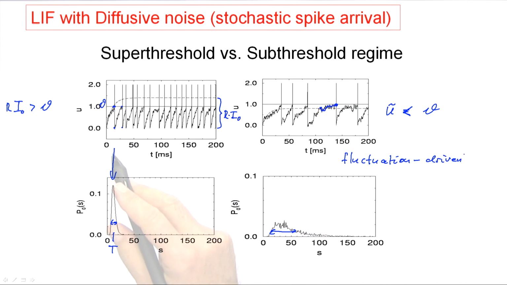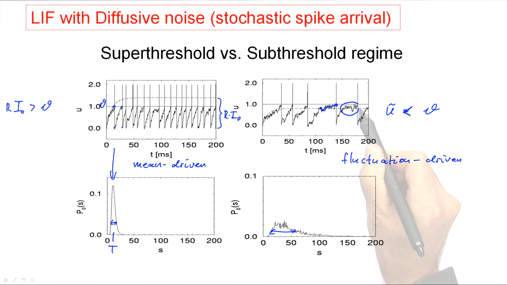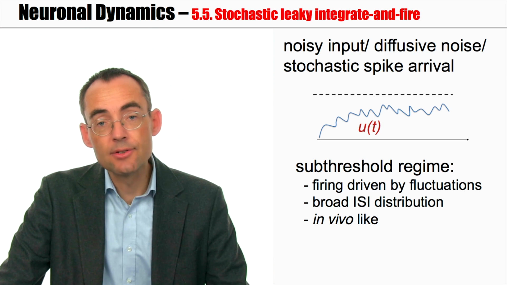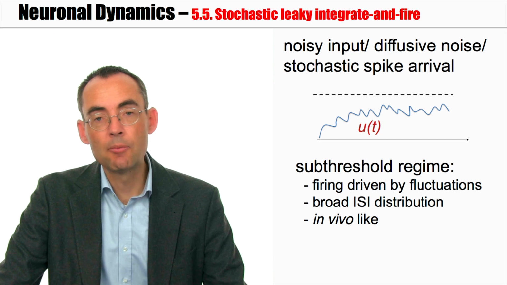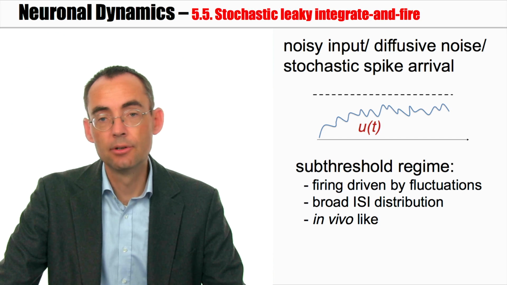On this side here, it's driven by the mean input. The mean input alone would make the neuron fire. Interestingly, if we zoom in on this subthreshold regime, it looks very similar to the in vivo data of subthreshold membrane potential fluctuations.